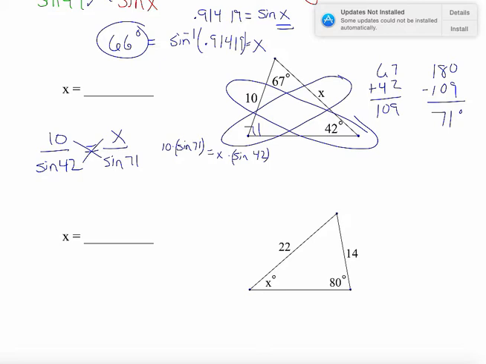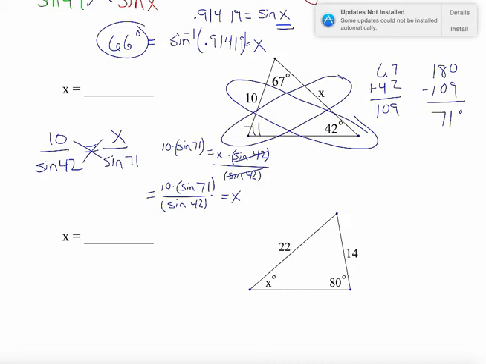And what I see I need to do here is just one simple division. I need to divide the right-hand side by sine of 42 to get x completely by itself. So what I'm typing into my calculator is 10 times the sine of 71 divided by the sine of 42. And I haven't rounded anything, so when I type all this in, then I will round it.